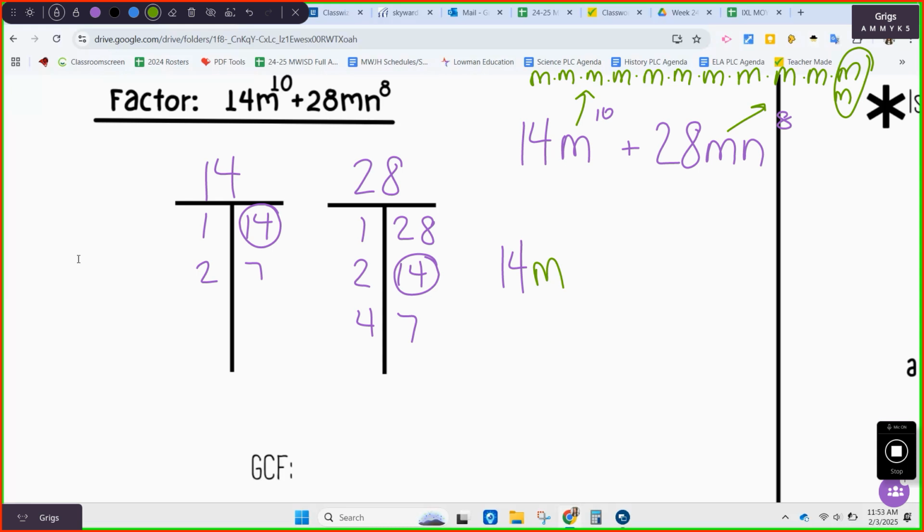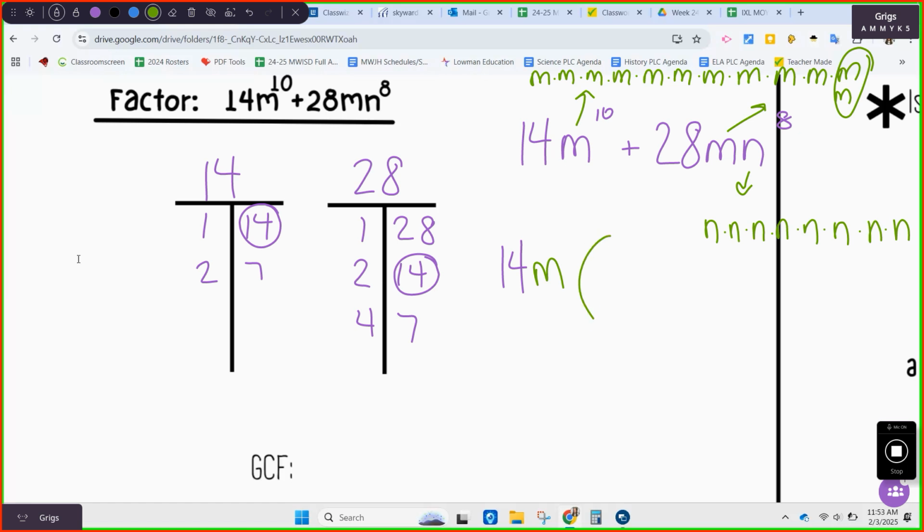N to the 8: N times N times N times N times N times N times N times N. Do they both share an n that I could factor out? No. So will there be an n variable in my greatest common factor? No.